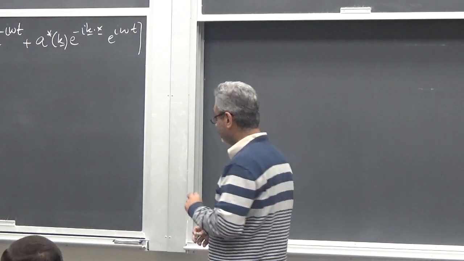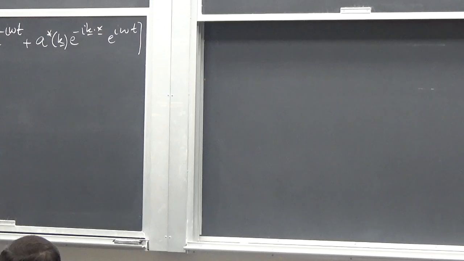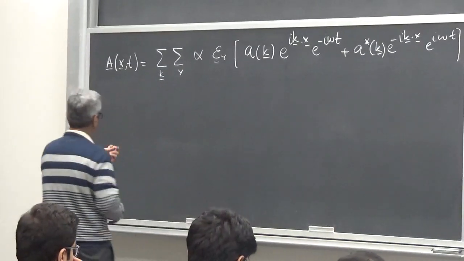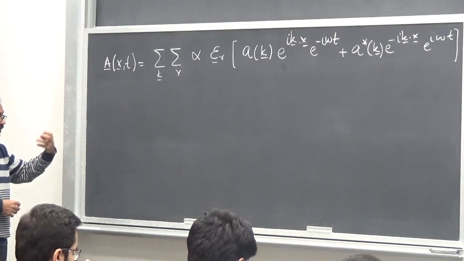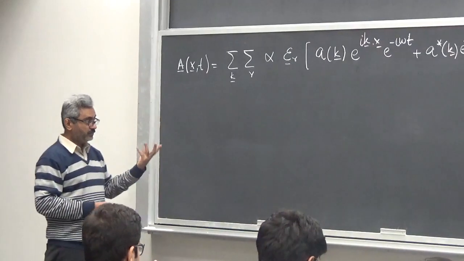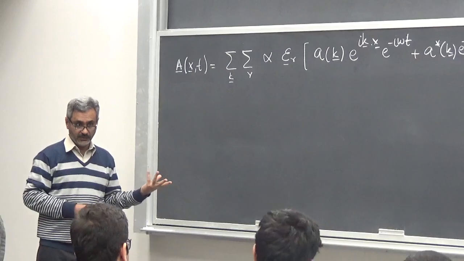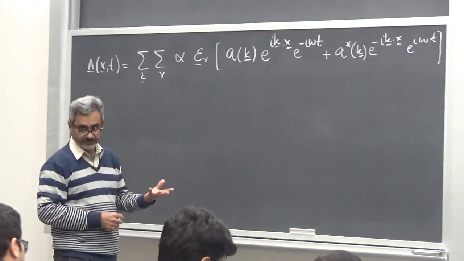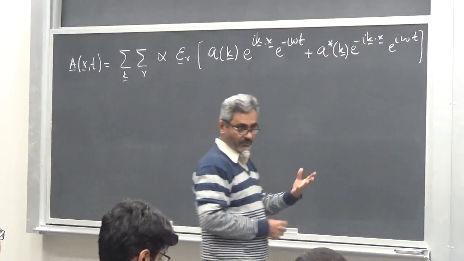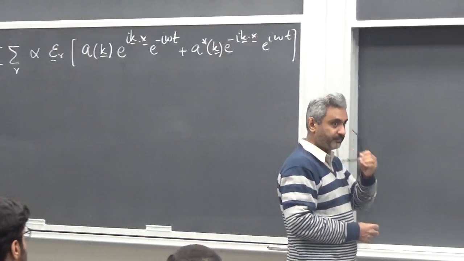So the first thing that we'll do today, and that'll also give us a feel of how to deal with these things, is to calculate the Hamiltonian, right? Or the total energy. Does anybody know what the total energy should look like?